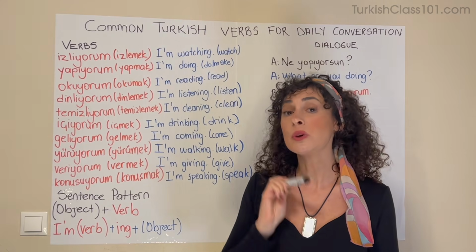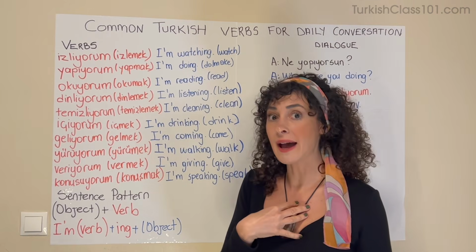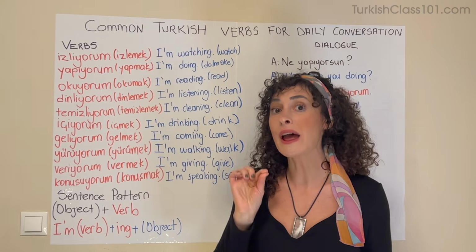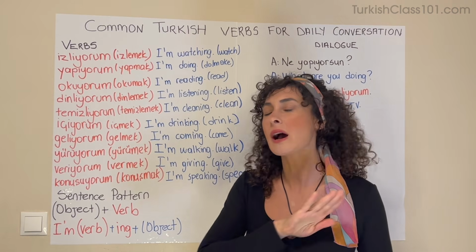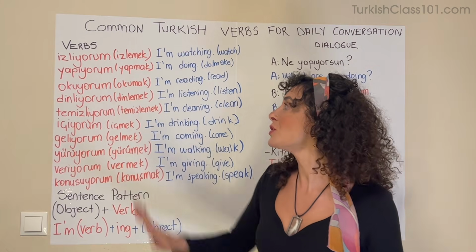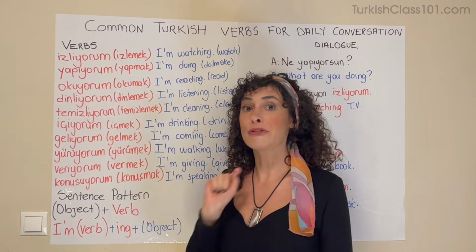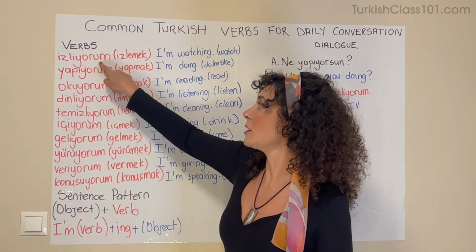That's why we don't have to say the pronoun I, ben, again. If you want to emphasize the sentence, you can say it, but otherwise you don't need to say it, so it's easier. You just say the verb conjugated in the first person, I, here.